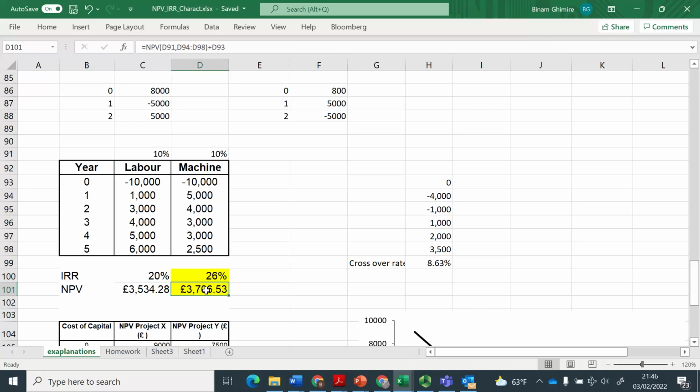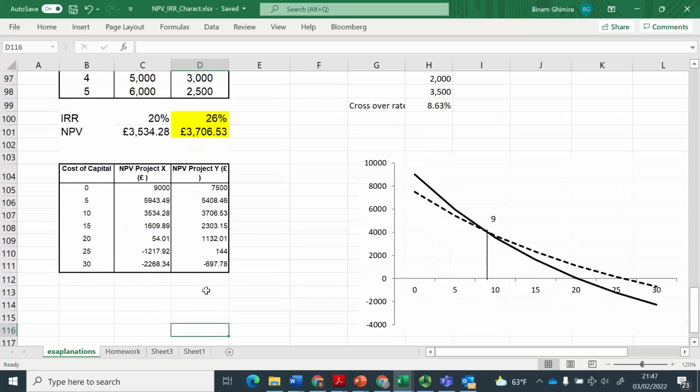So you see that there can be issues with IRR when they do not match. That's the crossover rate, which is shown in the diagram here. 8.763 is considered as 9 here, okay?